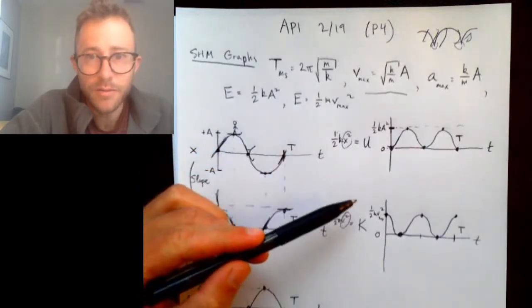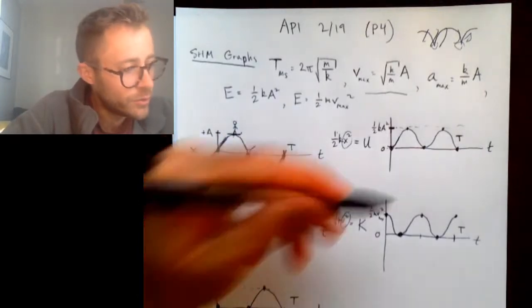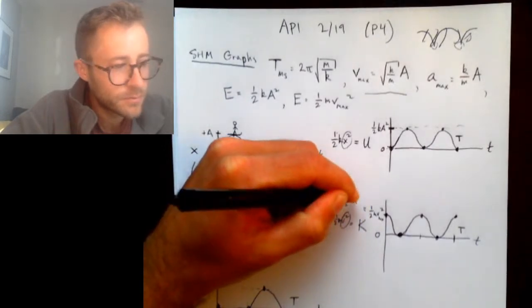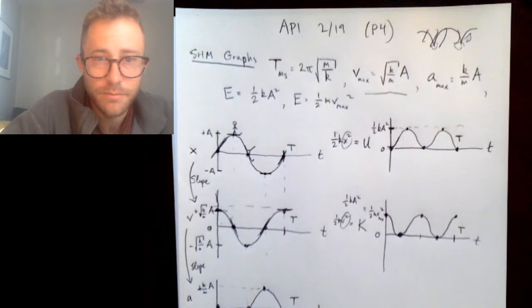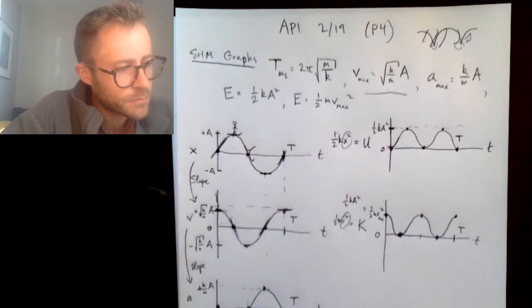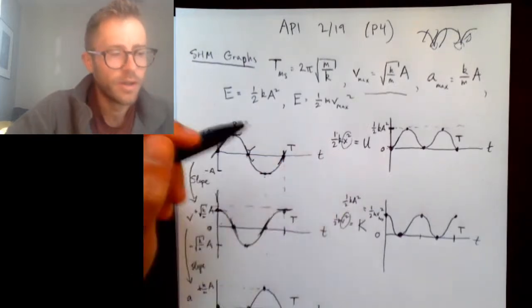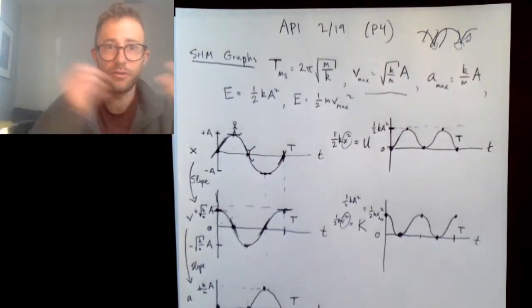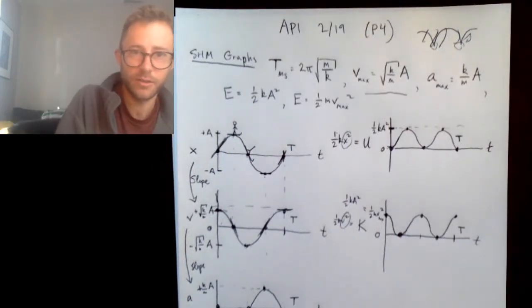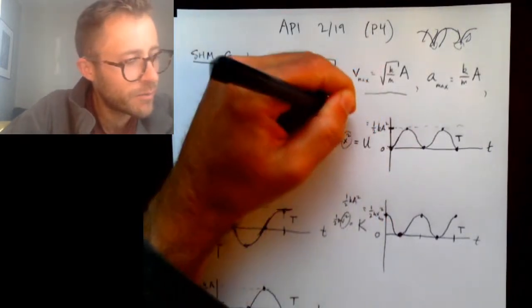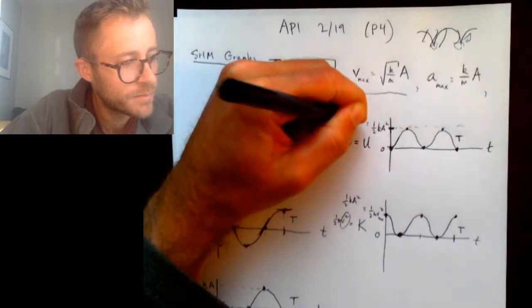I should point out that really we could use 1/2 Ka squared as the maximum if we wanted to. Okay. Why? That's because your maximum elastic potential energy is the same value as your maximum kinetic energy. Okay. Or here we could use 1/2 m v max squared.